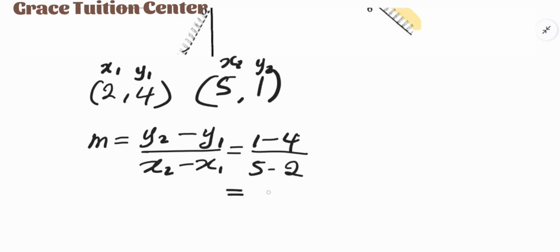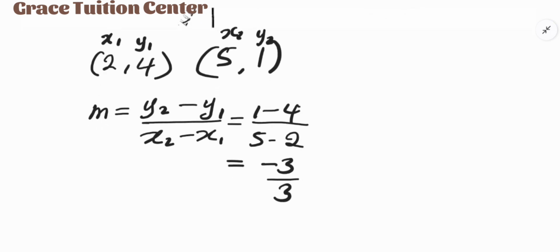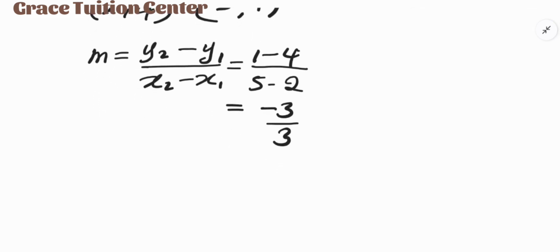So if you simplify this, this will be negative 3 on top over 3 down here on the denominator. 5 minus 2 is 3. So which means that the gradient of this line is actually negative 1.